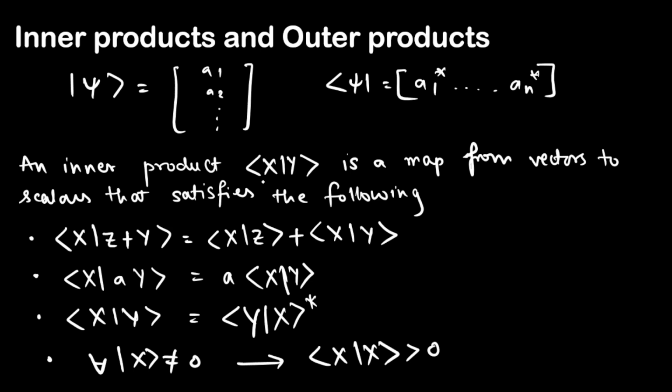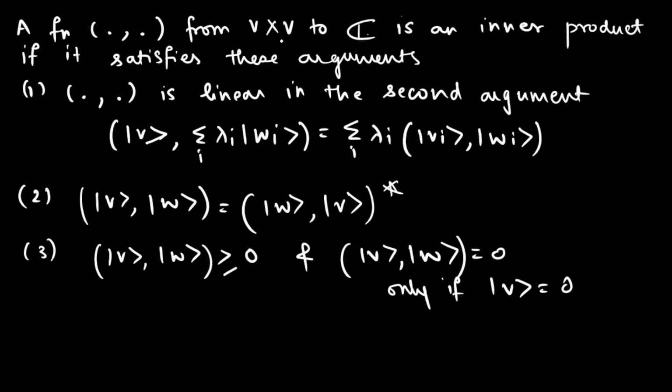Here we have used the standard inner product notation. Another way to define an inner product is with this notation. This notation is not a standard notation. It is just a function with two vector inputs represented by this symbol. We can also define an inner product in this notation as a function from V cross V to a complex number, which is an inner product if it satisfies these arguments.